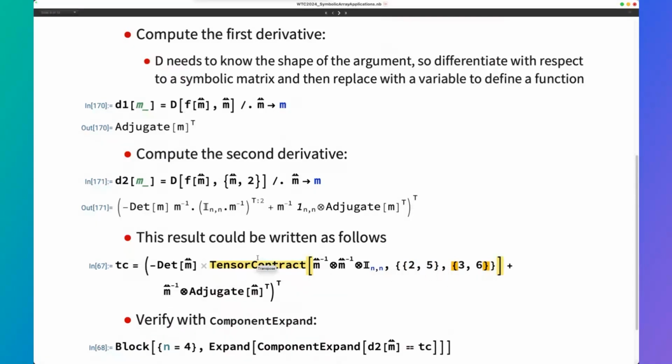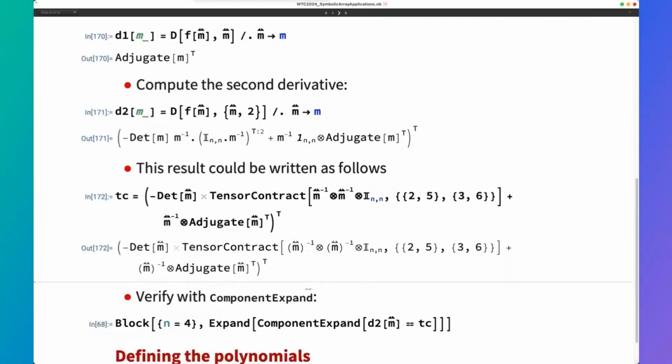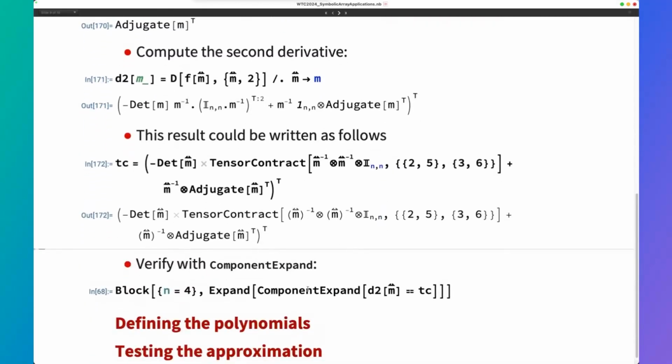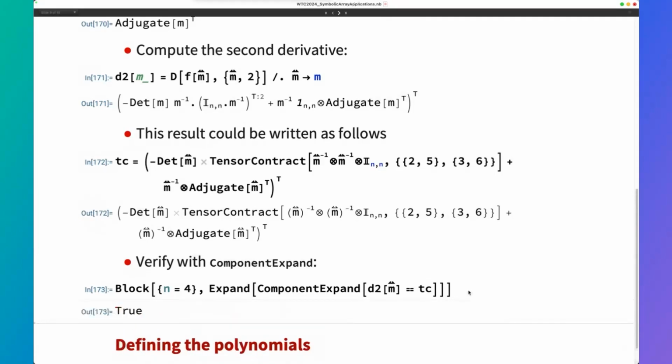The other simplification we can make is m inverse times this tensor product with scalar multiple of m inverse times this ones array. Well, that's just taking the tensor product with m inverse. So there's a simplification. And this is one of those infinite number of identities that we can't quite do yet. But if we were to do this using component expand, we can verify that this is true.